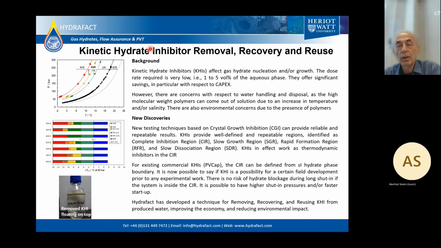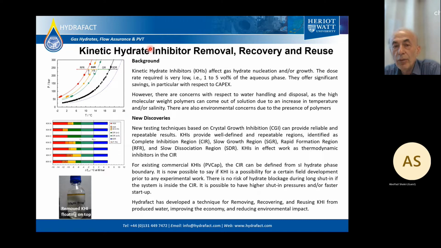Another two patents that we have at HydraFACT and we are commercializing, which help with NOV, is kinetic hydrate inhibitor removal, recovery, and reuse. Kinetic hydrate inhibitors are among the low dosage hydrate inhibitors.